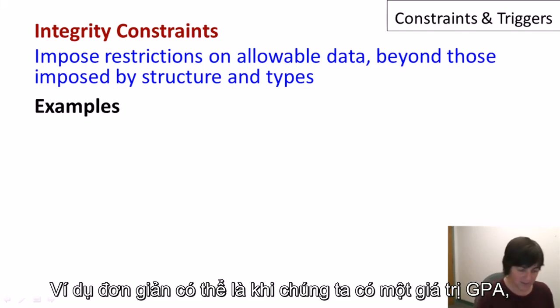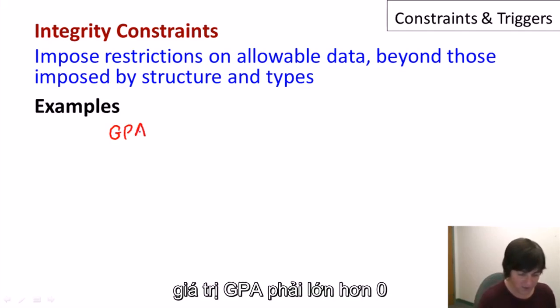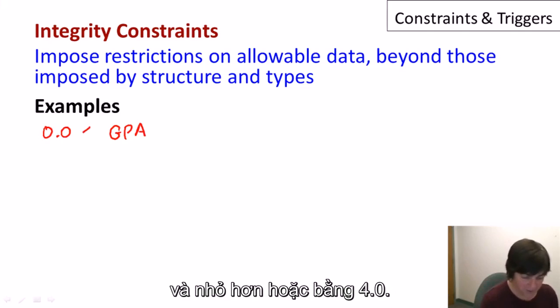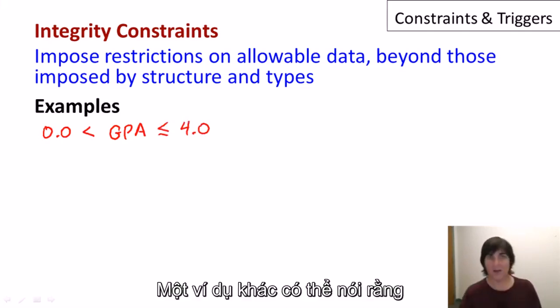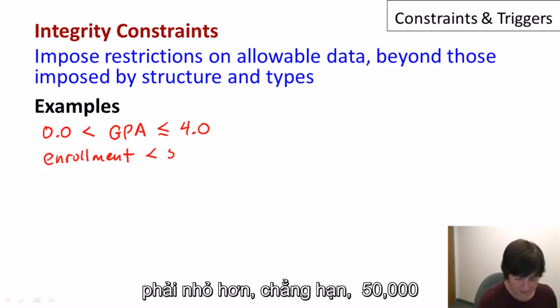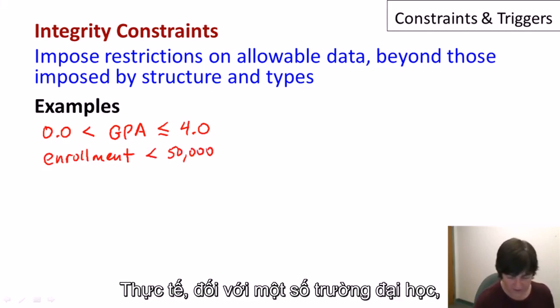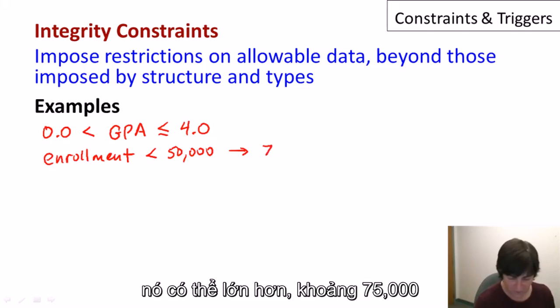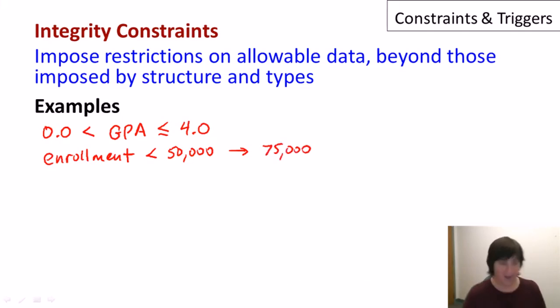So a simple example might say that when we have a GPA value, the GPA must be, say, greater than 0 and less than or equal to 4.0. Another example might say that when we have the enrollment for our colleges, the enrollment must be less than, say, 50,000. Well, actually, for some universities, it might be more like 75,000.